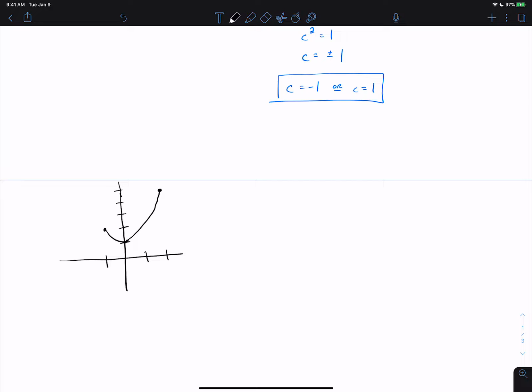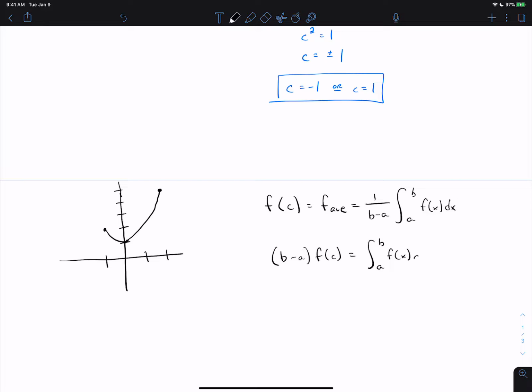Okay, because we know that f of c is equal to the average, which is equal to 1 over b minus a times the integral from a to b of f of x dx, we can also write that b minus a times f of c is equal to the integral from a to b of f of x dx.